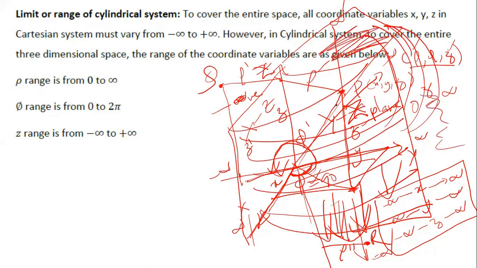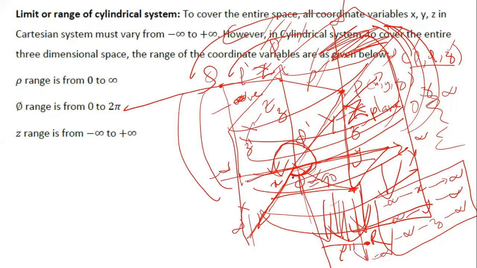If you move your phi value from 180 to 270, this will cover all the points on your third quadrant, and 270 to 360 will cover the points on your fourth quadrant. So by varying phi from 0 to 2 pi, rho from 0 to infinity, and z from minus infinity to plus infinity, using this rho phi z coordinate system called the cylindrical coordinate system, you can cover any point in the space.